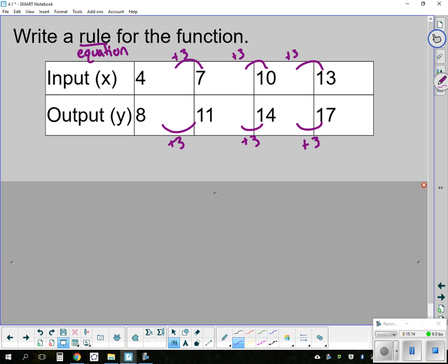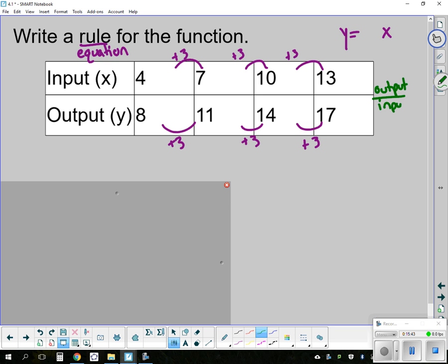Okay, so we have this. Now, start out with y equals, because we want to end up getting our output. We're going to do something to our x, and we're going to get our y. Once you figure out what's going on the inputs and on the outputs, what you want to do is take your output and divide by the input.